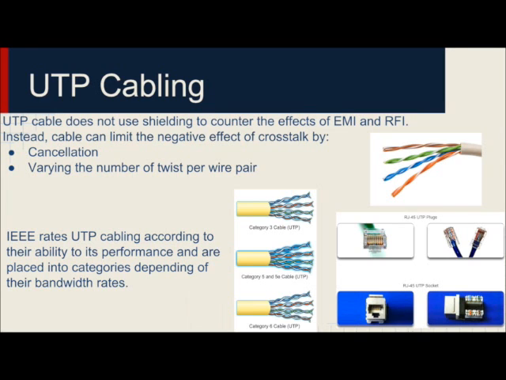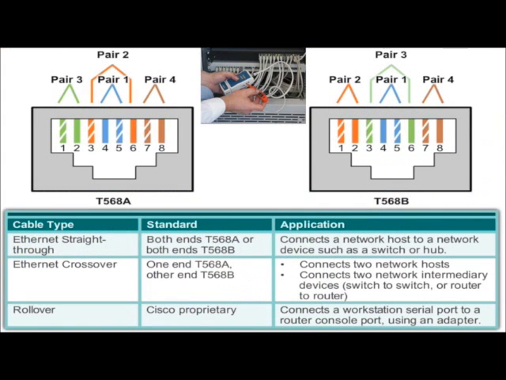Different situations may require UTP cables to be wired according to different wiring conventions. The most common type of networking cable is Ethernet straight-through. It is commonly used to interconnect a host to a switch and a switch to a router. The Ethernet crossover is an uncommon cable used to interconnect similar devices together.